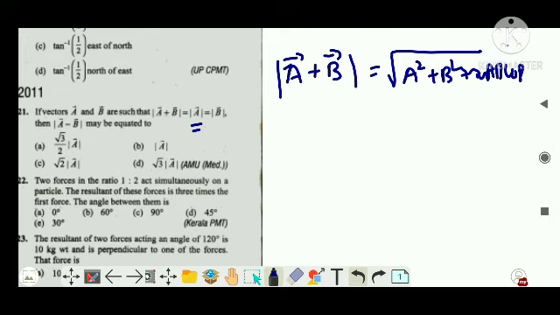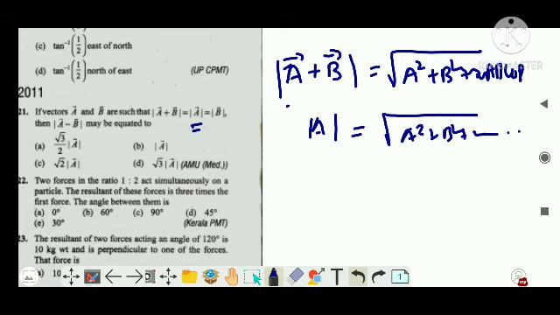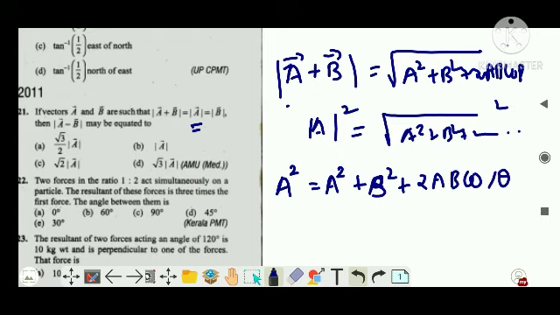Now it is said in the question that the magnitude of a plus b is also equal to the magnitude of vector a given, right? So I can write this as a squared and b squared plus 2ab. I'm not writing it entirely, right? Now what I'm going to do is square these two so that it becomes a squared is equal to a squared plus b squared plus 2ab cos theta, right?